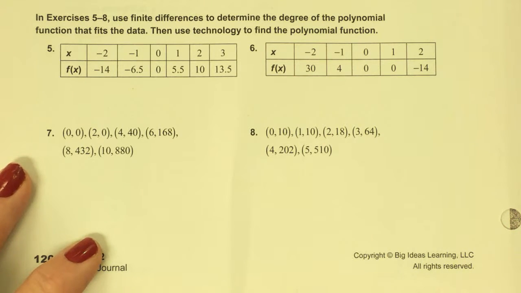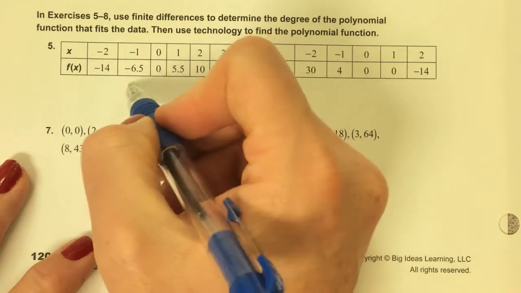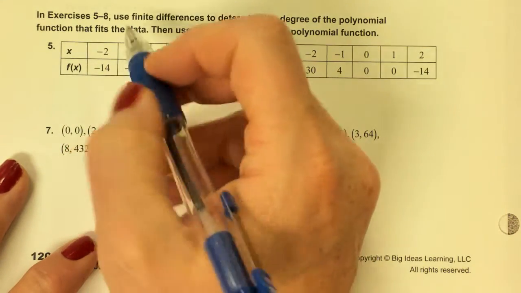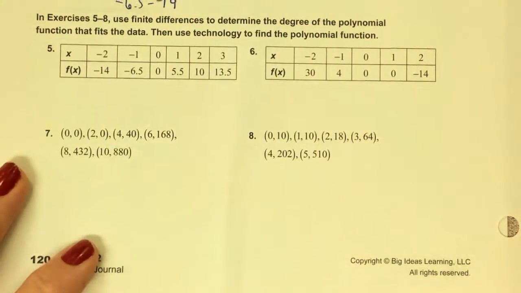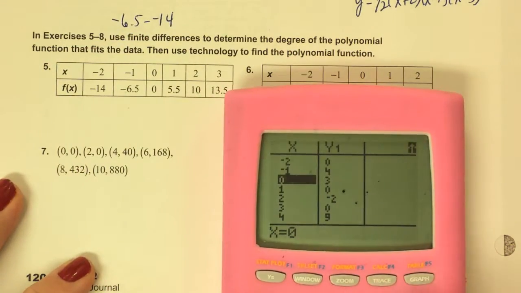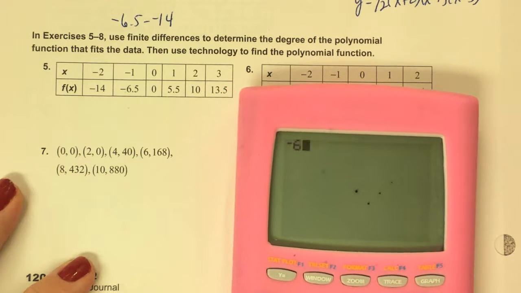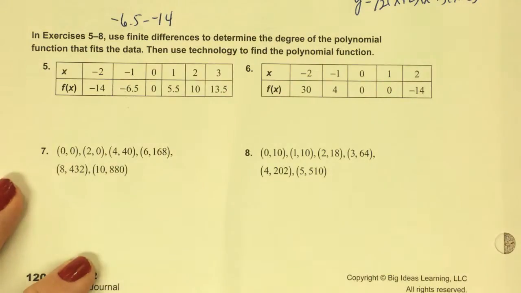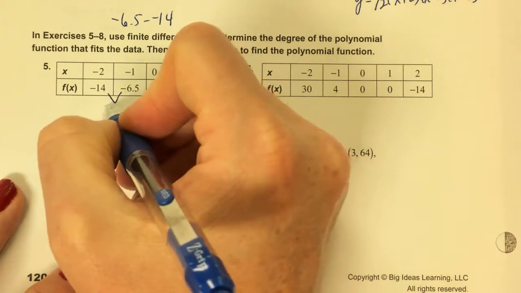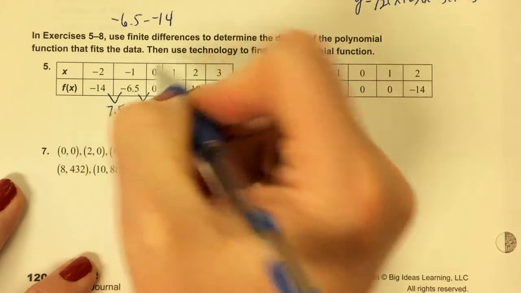Third differences, it's x to the third. So we're going to find the differences. Negative 6.5 minus negative 14. That's going to give us 7.5. So this difference right here is 7.5.